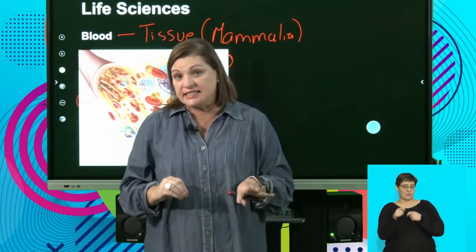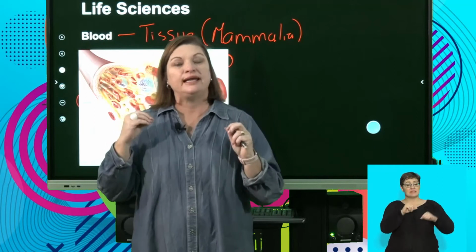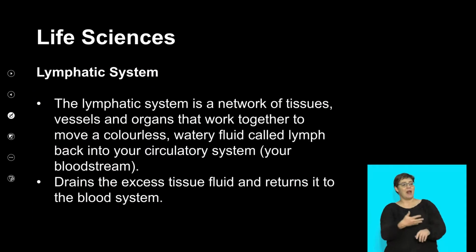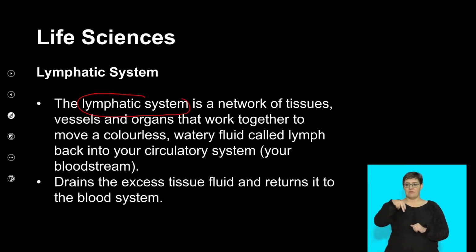The next system we're looking at is your lymphatic system. It is also a transport system, but it's obviously not going to transport blood. Let's get the terminology right. My lymphatic system, and I'm going to show you a picture just now, is also made up of vessels.